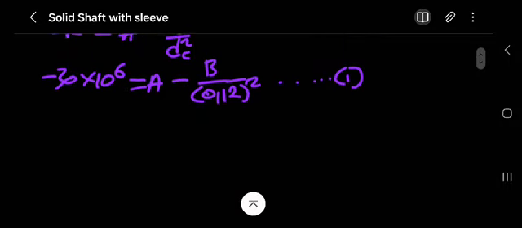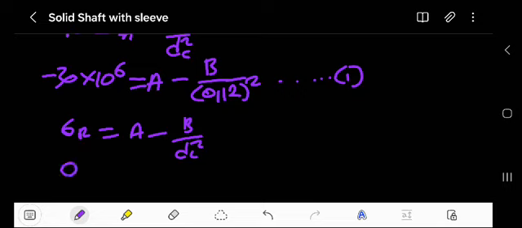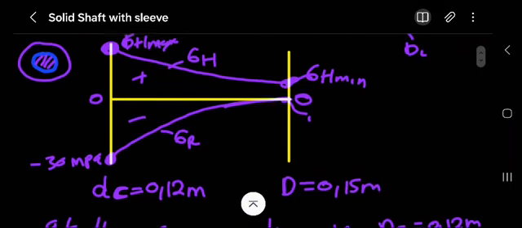So we can come again. We know that we have this equation, radial a minus b over d squared. Here will be 0. But do not just go there. We are working at what now?